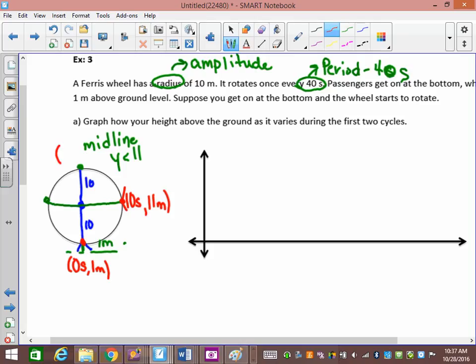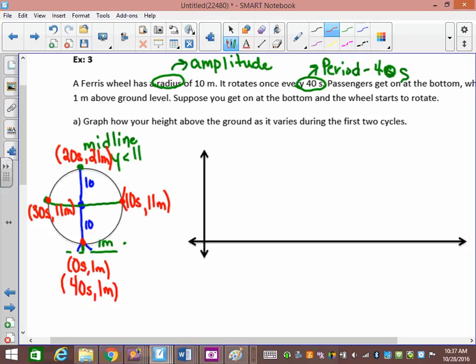Then at 20 seconds, I'm going to be at how many meters? 21. People will still tell me 20 here. Remember, 1 plus 10 plus 10 is 21 meters. Then at 30 seconds, I'm at 11 meters again. Come back down. And then at 40 seconds, I'm at 1 meter.